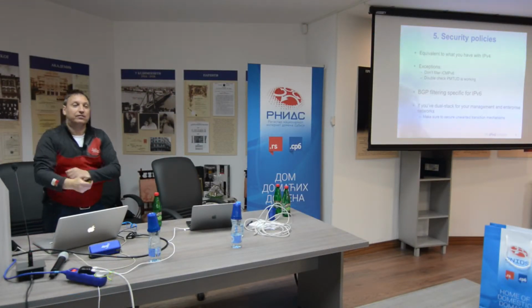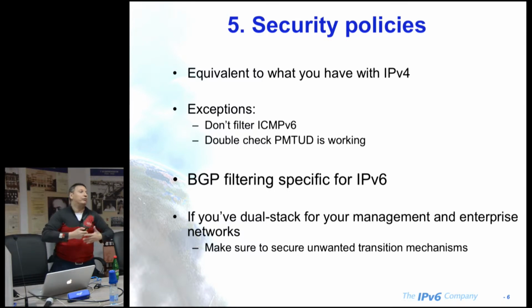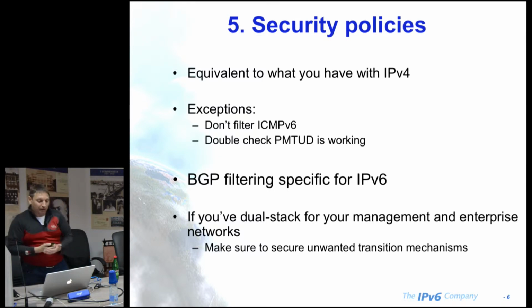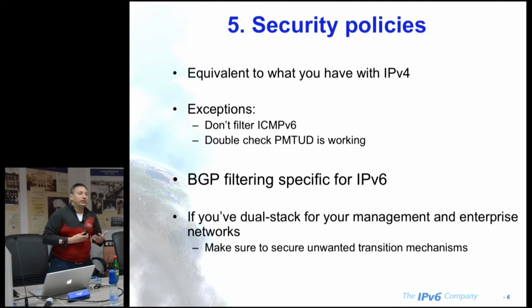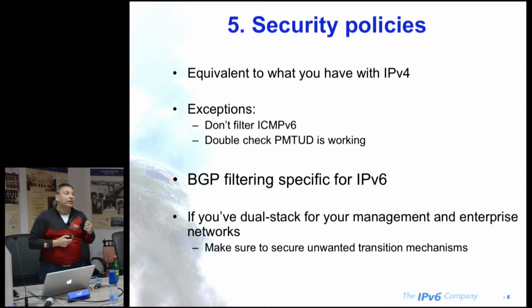Security policies. Basically, one of the difficulties of getting a new protocol or a new functionality in any network is security. In principle, whatever security policies you have with IPv4 are the same you should have in IPv6. There are a couple of exceptions. One I mentioned already before, you should not filter ICMPv6.